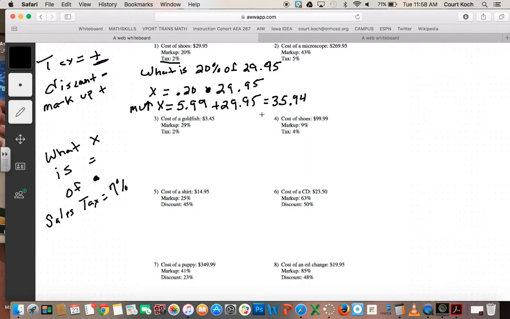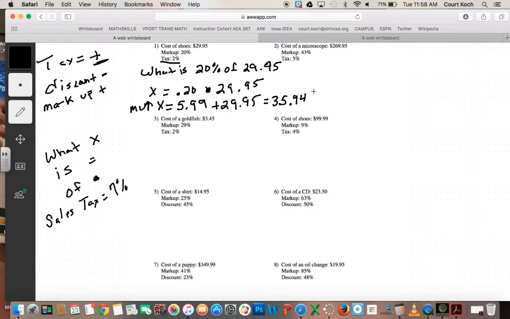So when I go to Walmart and buy something that the store bought for $29.95 and they're turning around and selling it to me, the $35.94 price is the shelf price. This is what I see on the shelf. The sticker on the item says $35.94.